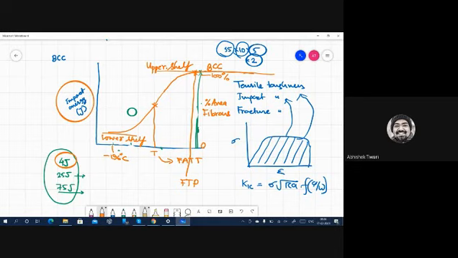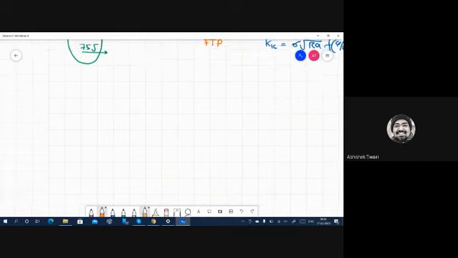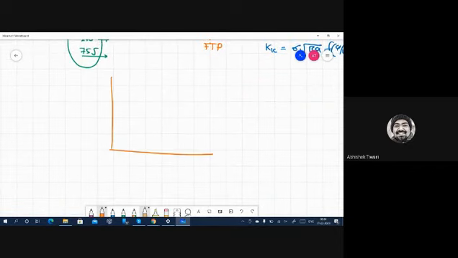So the energy based criteria is, I have this kind of curve which I got from impact energy with respect to temperature, right? And here what I do is I want to find out at 28 joules what is the temperature.